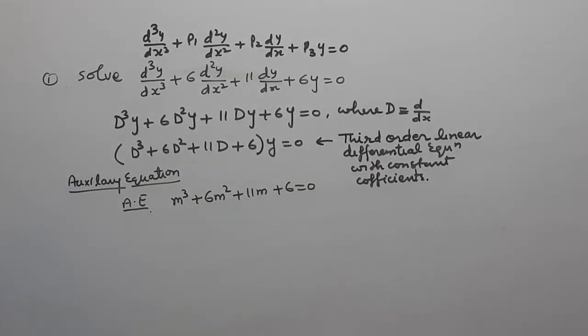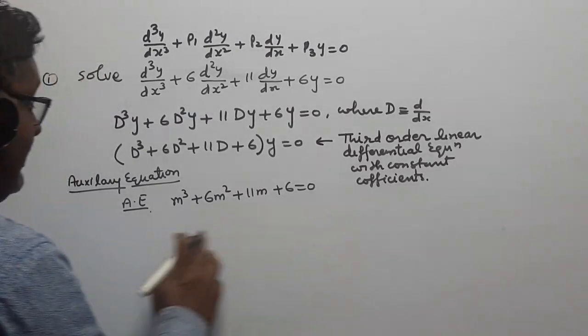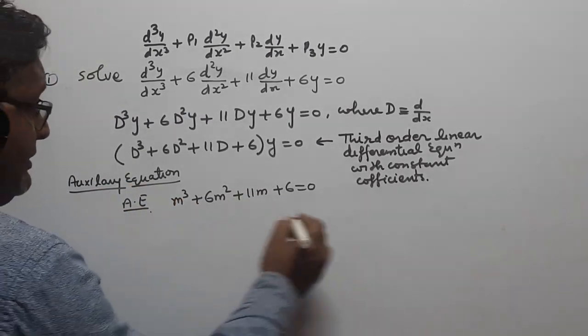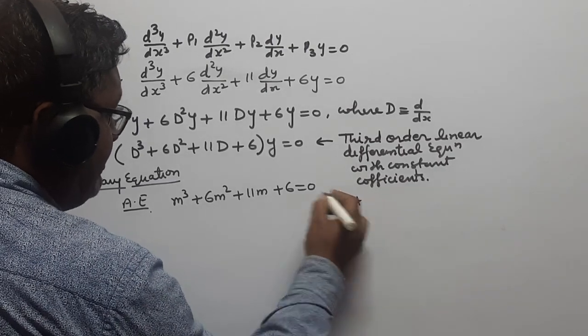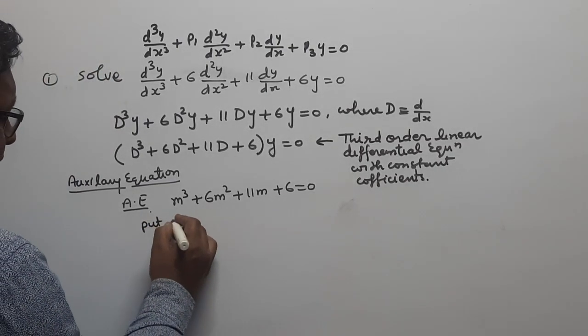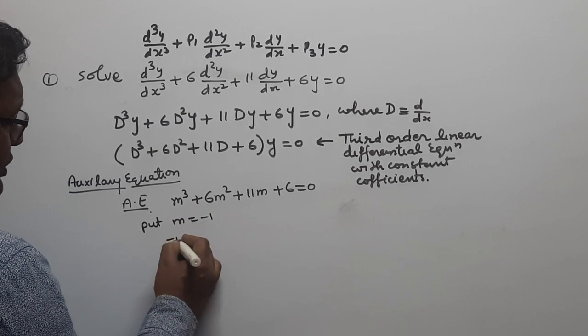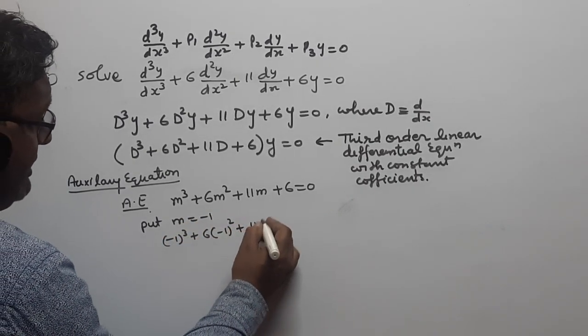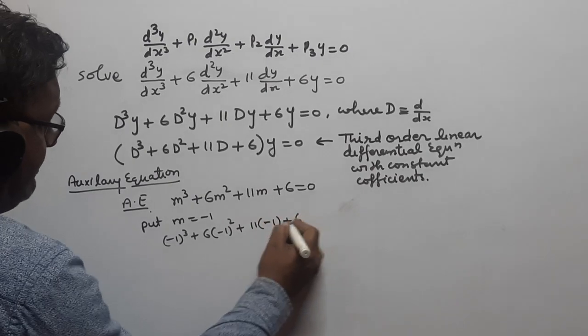Now we solve this equation and get the roots of this cubic equation. If we put m is equal to minus 1, we get minus 1 cube plus 6 times minus 1 square plus 11 times minus 1 plus 6.